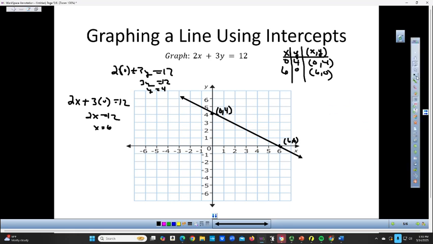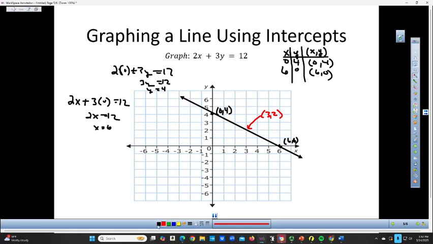Now, if you had to pick another point on this line, you can say, well, this is a solid point on this line right here at (3, 2). And if I wanted to make sure that this is an actual solution to this equation, I would just plug it in.